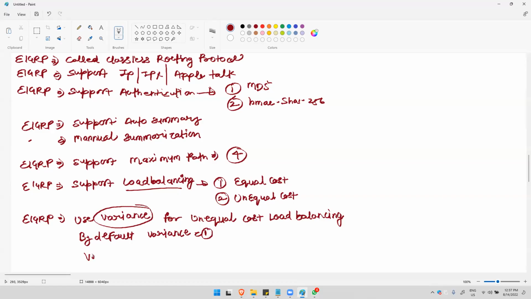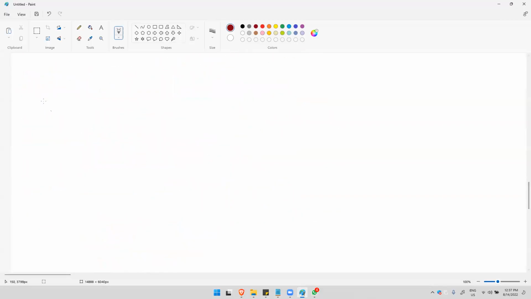And variance always multiplies with which value? FD value. Variance value always multiplies by my FD value. Clear? Always.